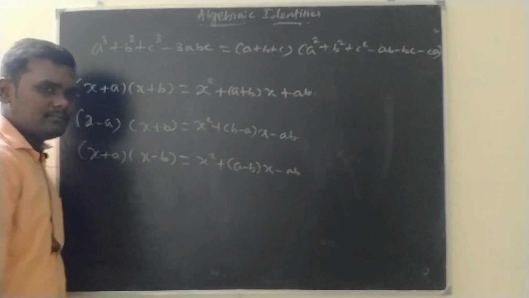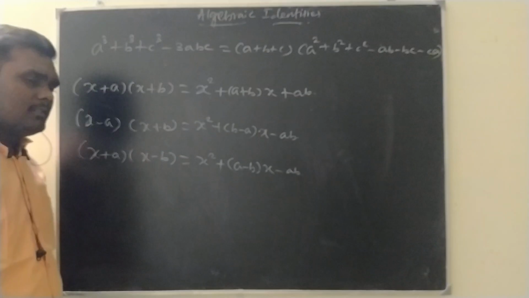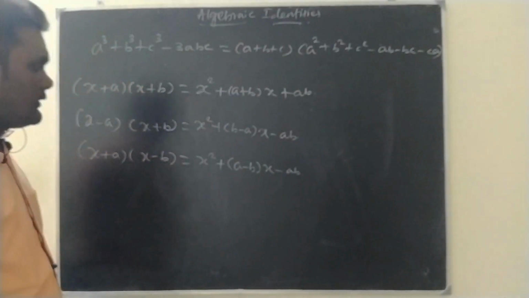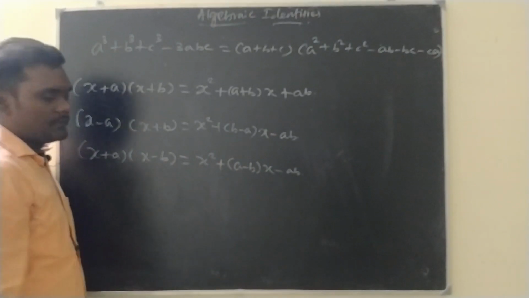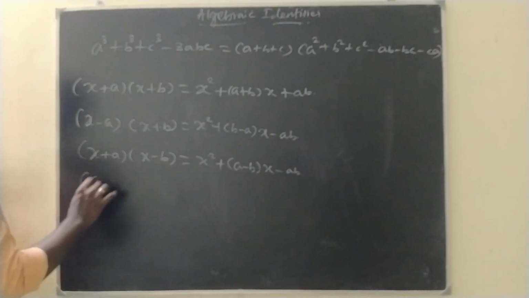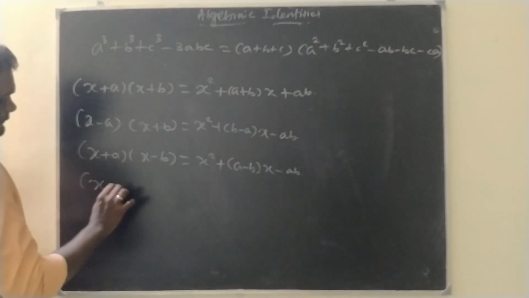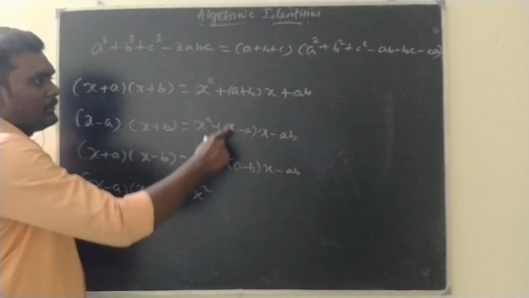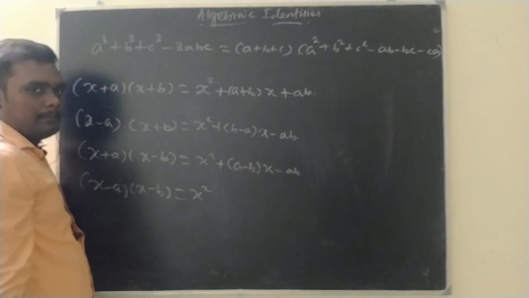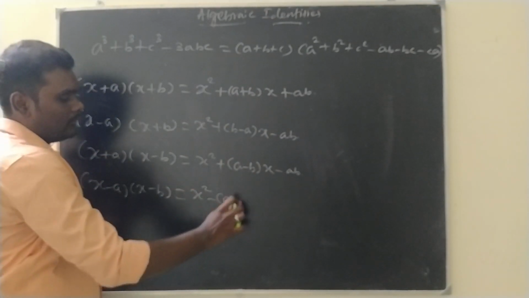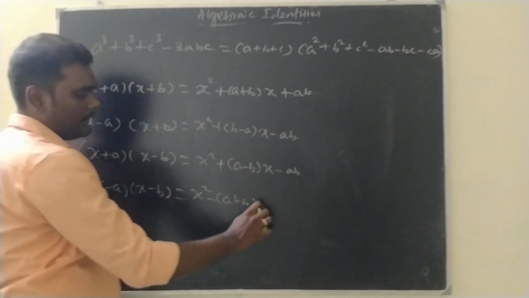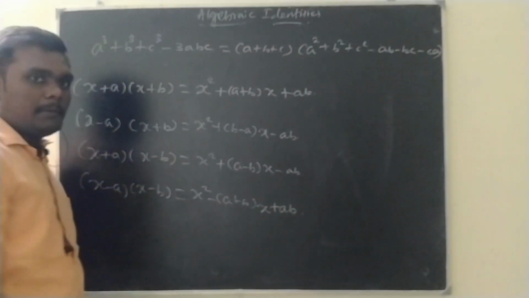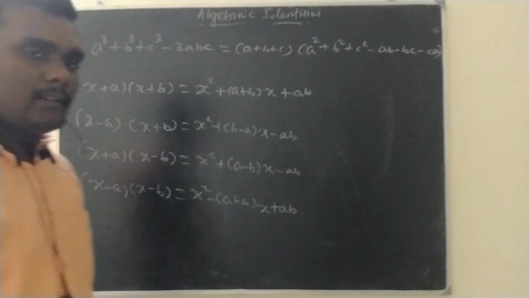Both look the same, right? Are both identities the same? No, both are not the same, because b − a is different, a − b is different. Now, if both get negative, then we get x² − (a + b)x, and minus a into minus b is plus ab. That is it.